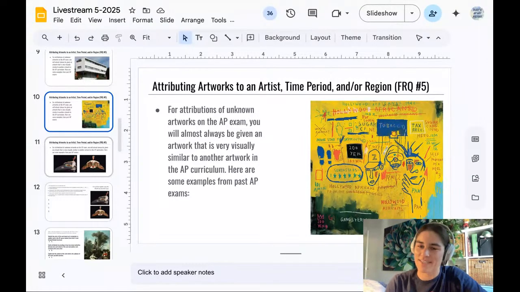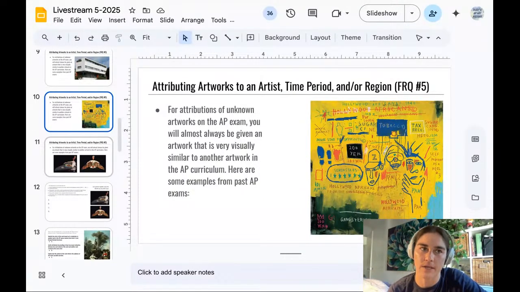The best way to address prediction rumors is to just buckle down and actually study the artworks, right? It's not really worth your time to speculate or come up with some sort of conspiracy theory as to what the FRQ artworks are going to be. That's not going to help you. I can almost guarantee though that they probably won't have Faith Ringgold again.